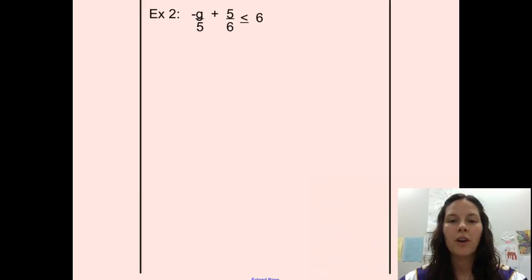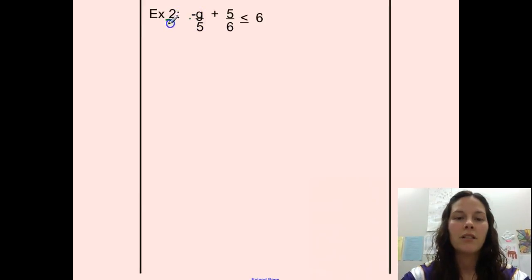We'll take a look at one more fraction one. This time our common denominator is 30, so I'm going to multiply every single term by 30. Remember, dividing in the denominator first to cancel.